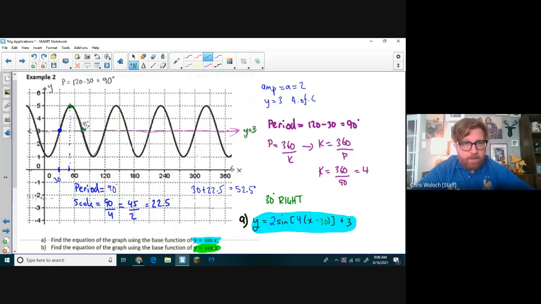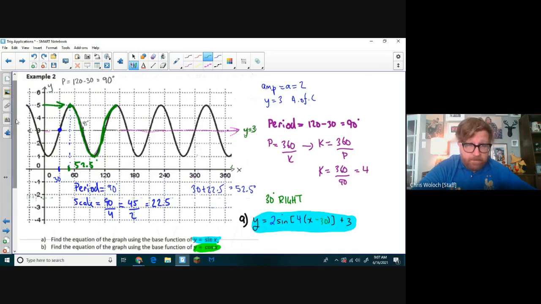Okay, and again, this is where my cosine starts, the one that we're going to come up with the equation for. Right, so that's 52.5 degrees. So my shift is that amount, 52.5.